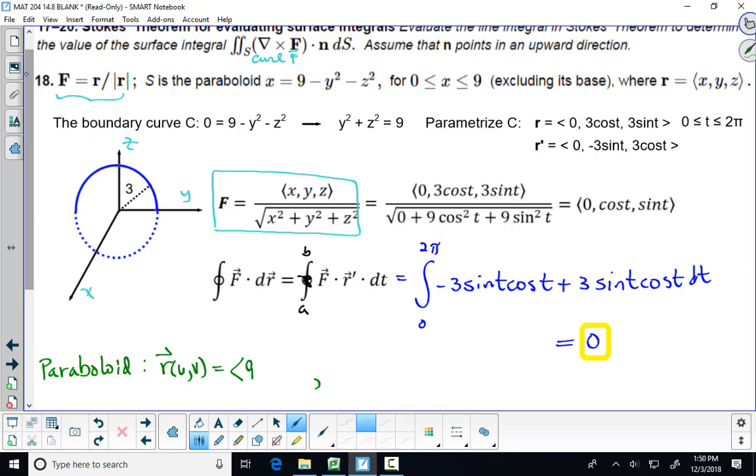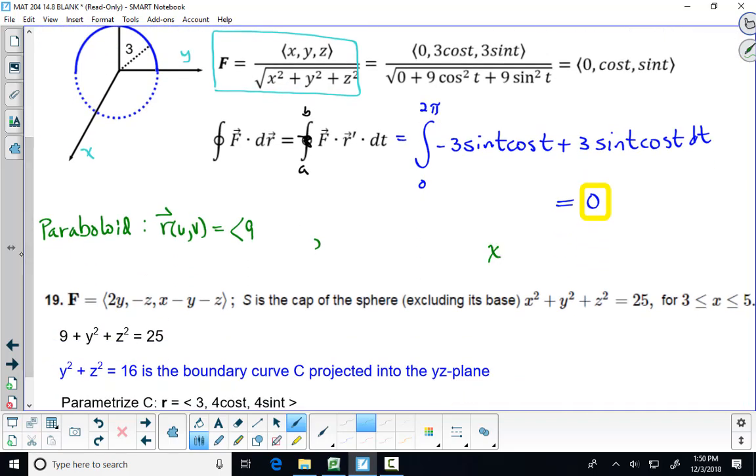If x equals 9 minus r squared, then let's see if we can come up with a relationship between r and x. r squared is 9 minus x, so r is going to be the square root of 9 minus x. So the x coordinate is sort of the free variable. The x is going from 0 to 9.